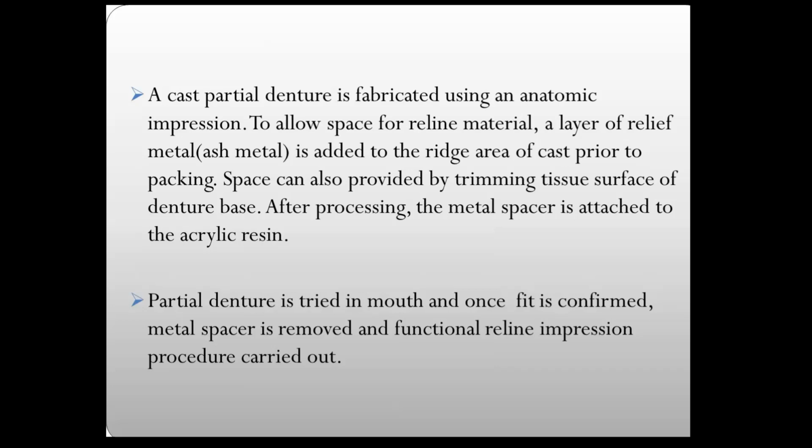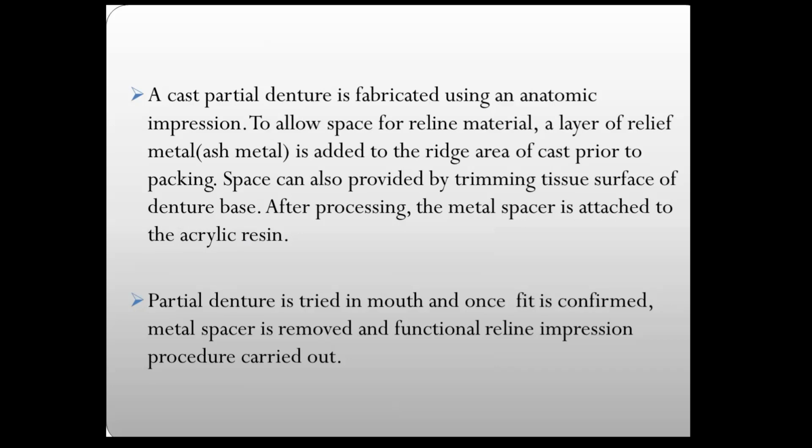Then we can also produce the space by trimming, but that won't produce an even space for the impression material. So once that is done, after the fit is confirmed, the metal spacer is removed and a functional impression is made.